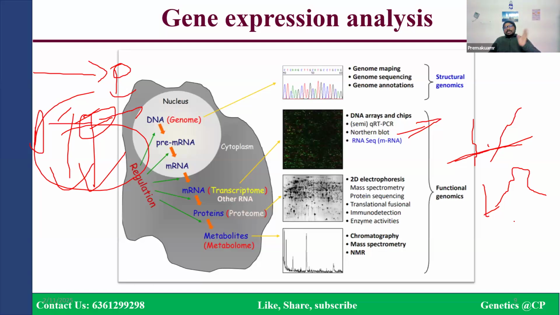In-plant expression is different. That can be done through GFP protein, green fluorescent protein, or luciferase protein. Several proteins are used.